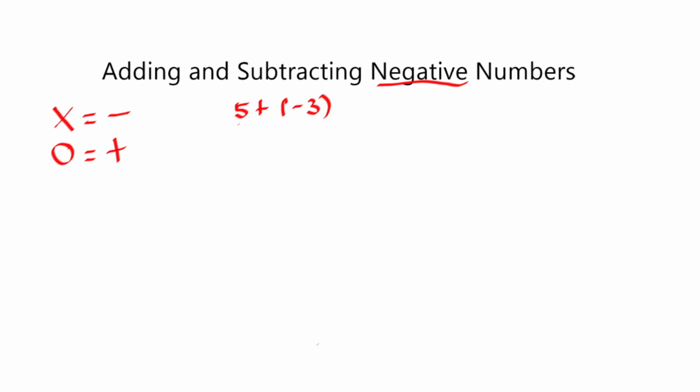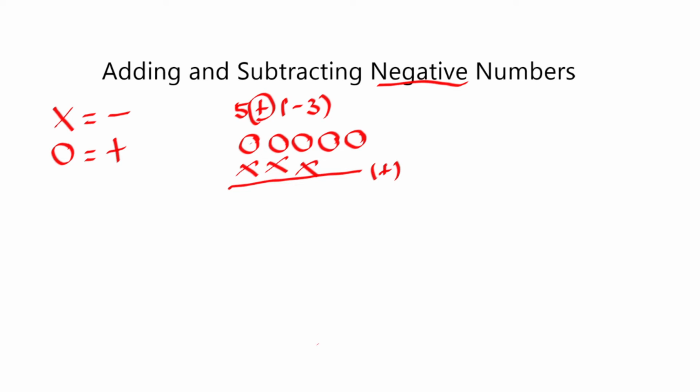The positive counters will be represented with this O, so we're gonna have 1, 2, 3, 4, 5. And we'll have 3 negative counters, so 1, 2, 3. So now what's the operation between them? It's a plus, so we have to add them. If we are adding them, we know that those two represent the same value, so it's like having 1 and minus 1, 1 and minus 1, 1 and minus 1. What's going on if we add 1 and minus 1? We're going to get a 0.